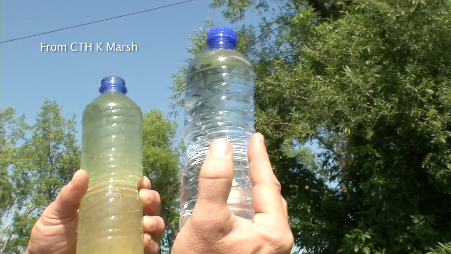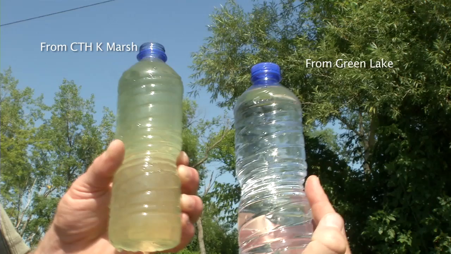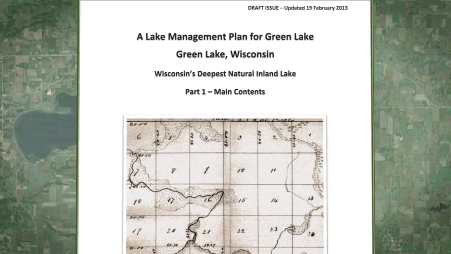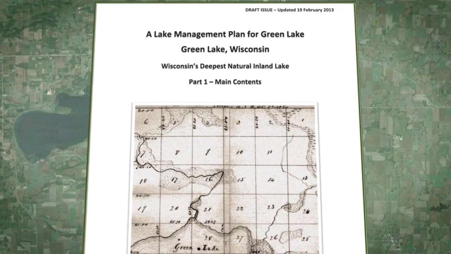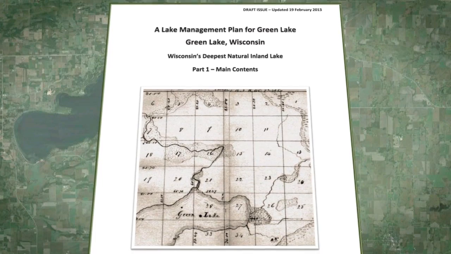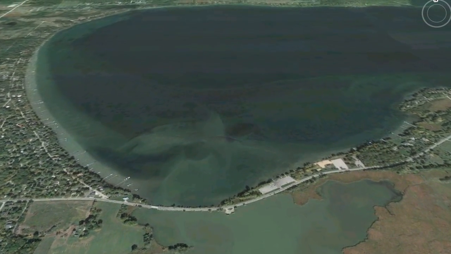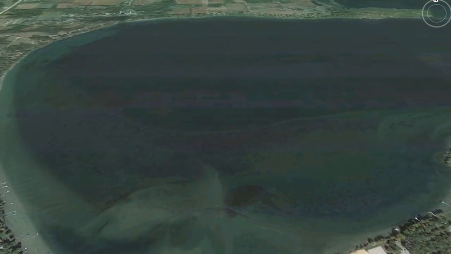So we want the water in the K Marsh to be clear and filtered and clean like we see here for Green Lake. We've calculated through the lake management plan and through research that if we were able to flip the County K Marsh back to a plant-dominated state versus an algal-dominated state, we'd probably most likely reduce the total phosphorus input to Green Lake by 8 to 10%.